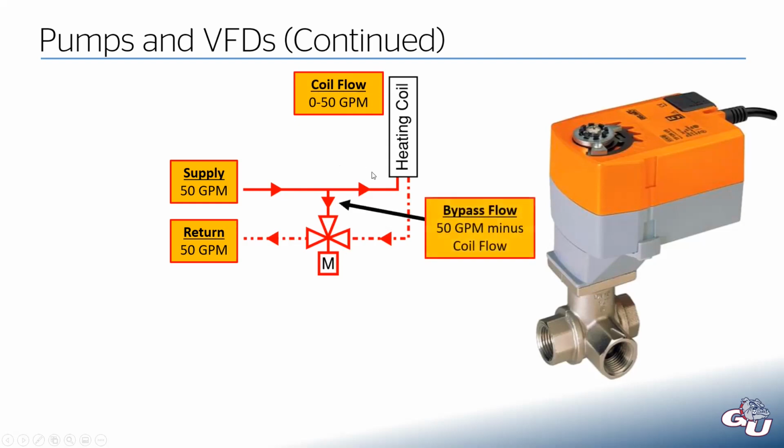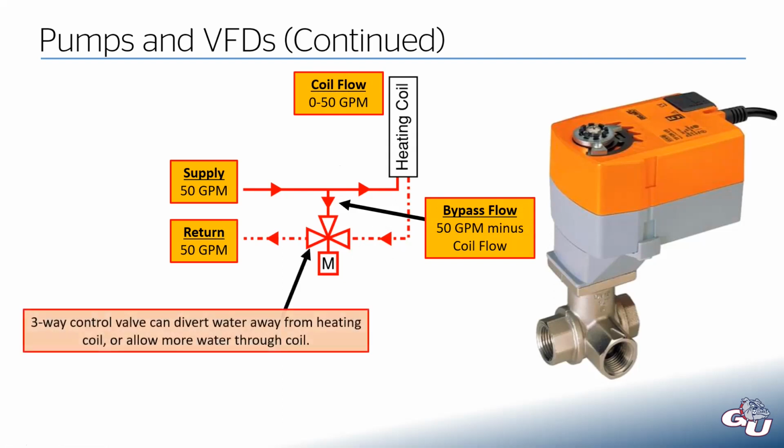Which means this bypass right here is always going to be 50 gallons per minute minus whatever our coil flow is. So we can use this device to vary the flow through the coil, but we are maintaining a constant flow overall coming to and from this coil.